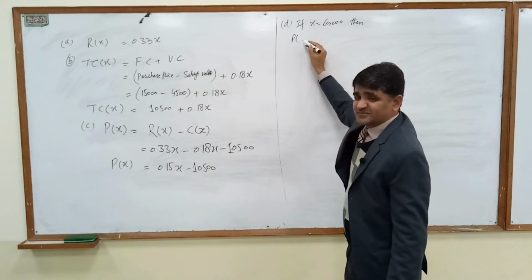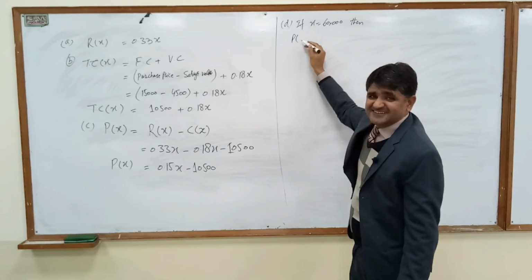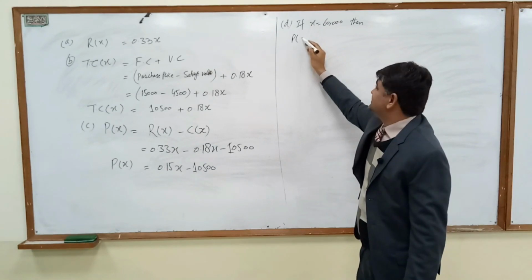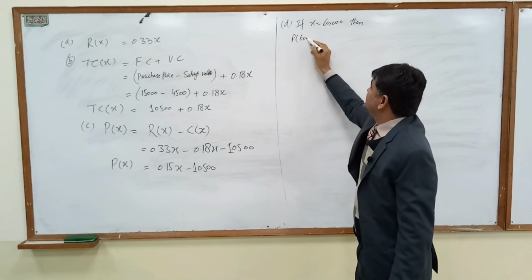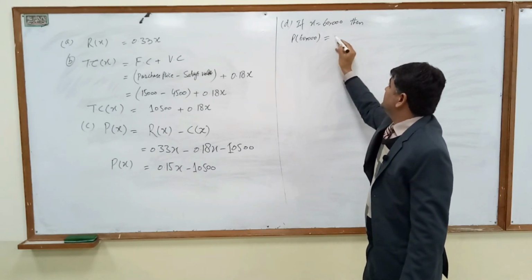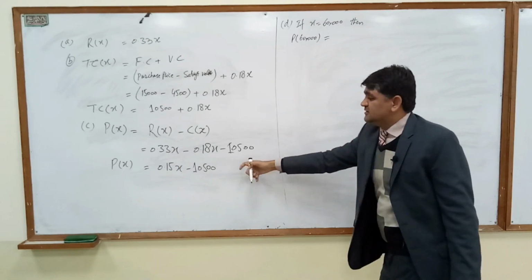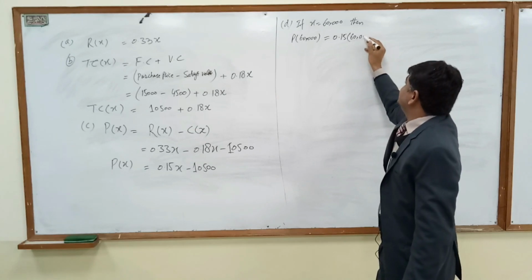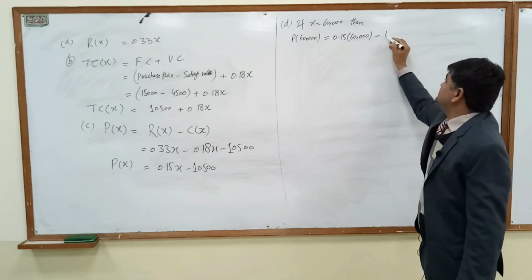P of 60,000 is equal to 0.15 into 60,000 minus 10,500.